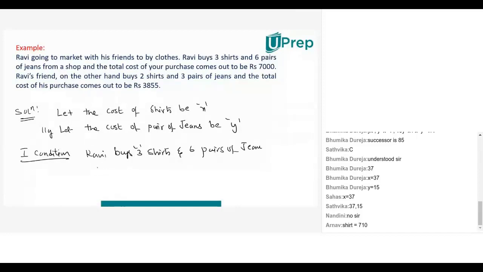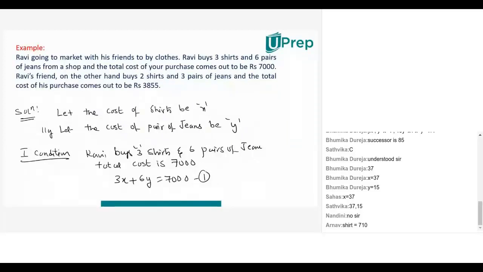The total cost is 7,000. So according to the given condition, X is the cost of a shirt, so 3 shirts means 3X. Y is the cost of a pair of jeans, so 6 pairs means 6Y. The total cost is 7,000. This is your first one. Is this clear?